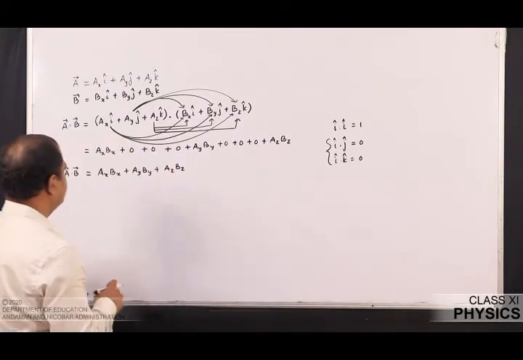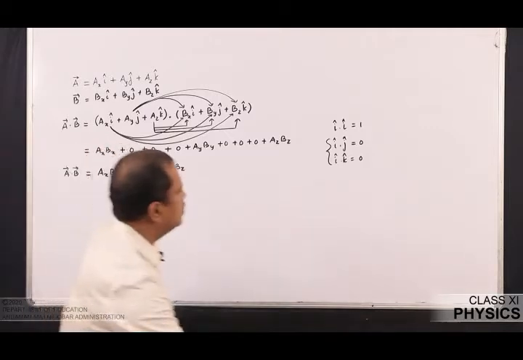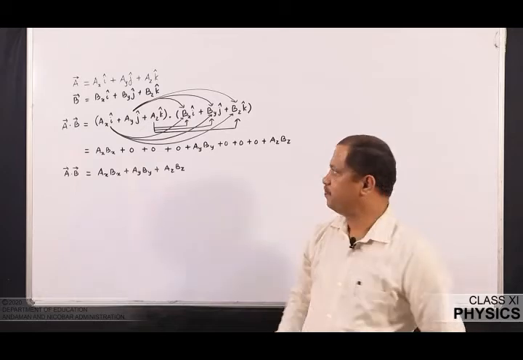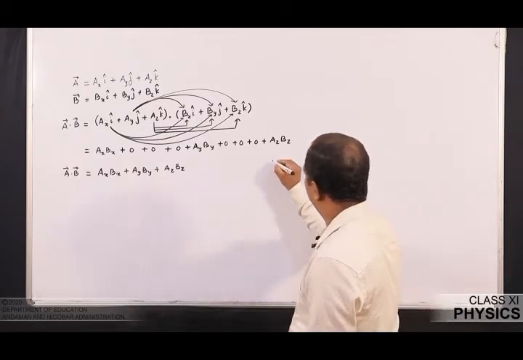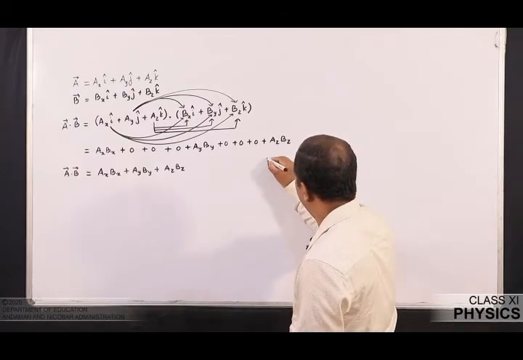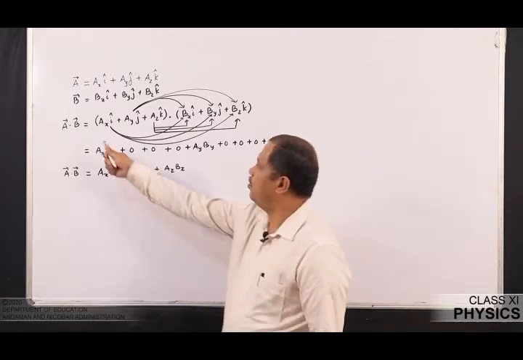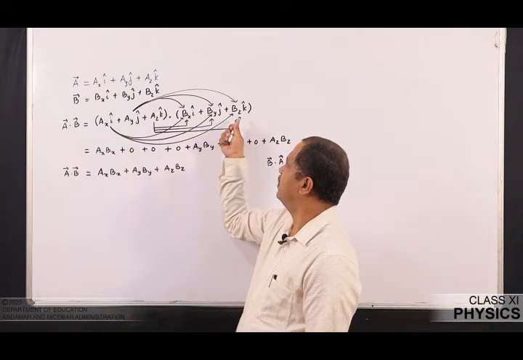In that case, I shall start from this side. So let's have this way b dot a. For a dot b, I wrote a vector first, then b vector.